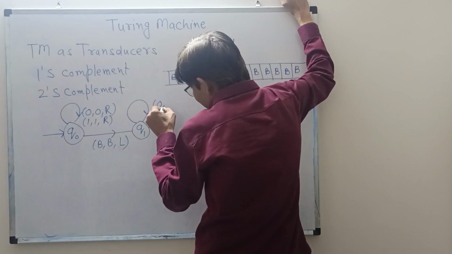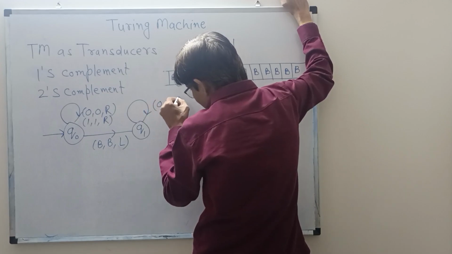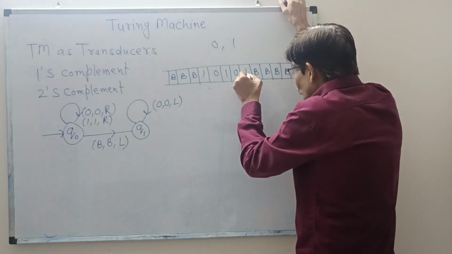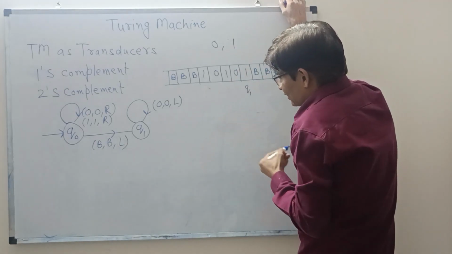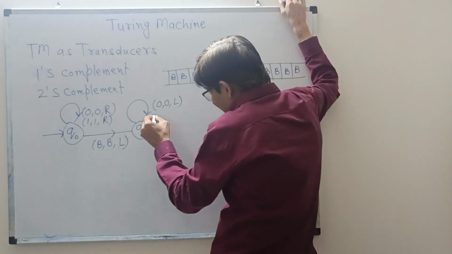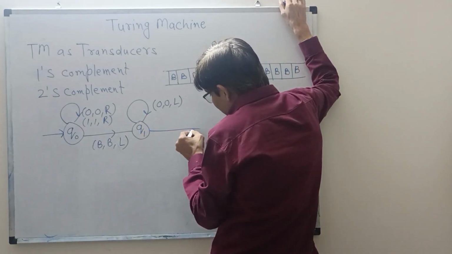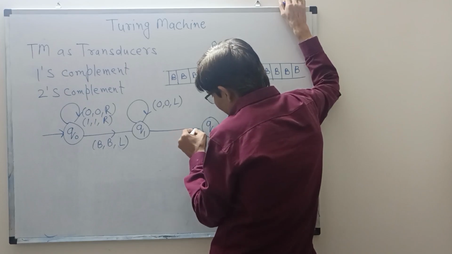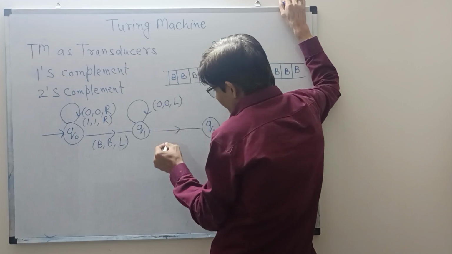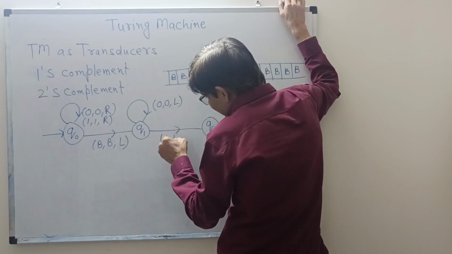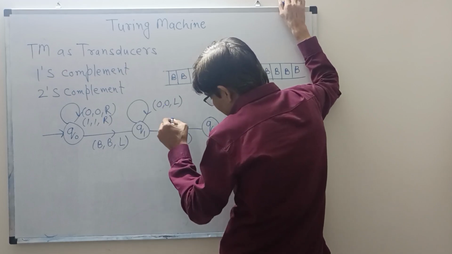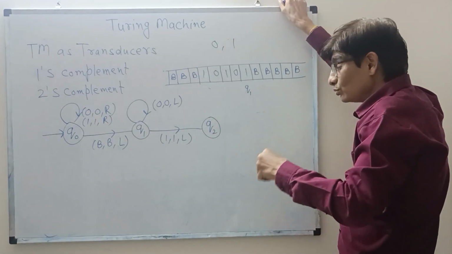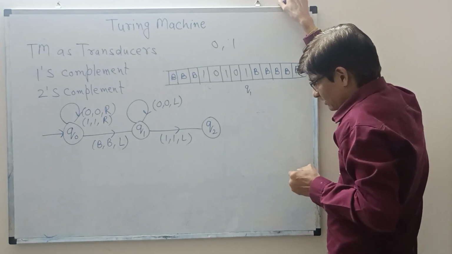You can leave this 0 as it is and you will continue moving towards the left. And when you are getting 1 on Q1, you will change your state to Q2, and you will leave this 1 as it is and continue moving towards the left, but you will change your state this time.